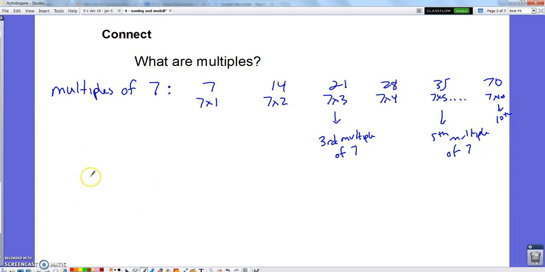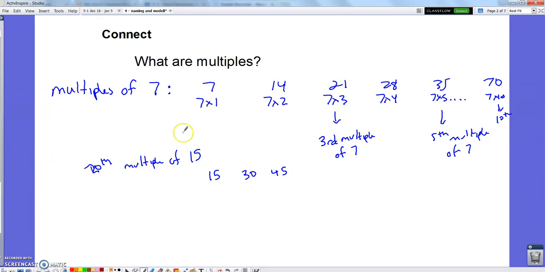Like I might ask a question like, what is the 20th multiple of, I don't know, 15? So, you know, the multiples of 15 are 15 times 1, 15 times 2, 15 times 3, and so on and so forth.